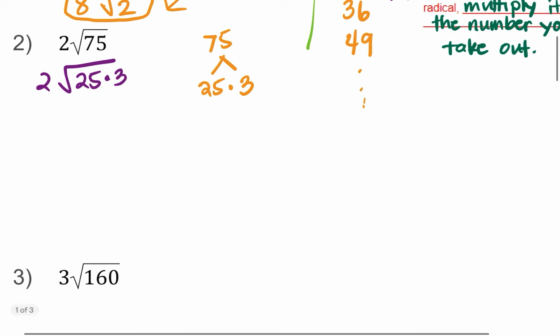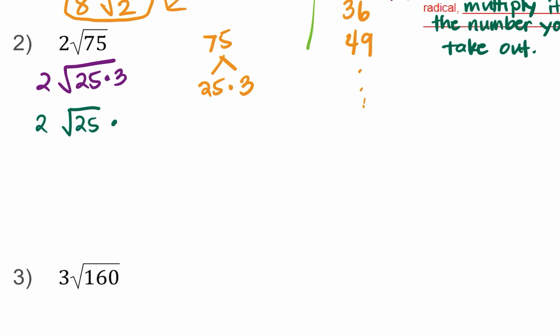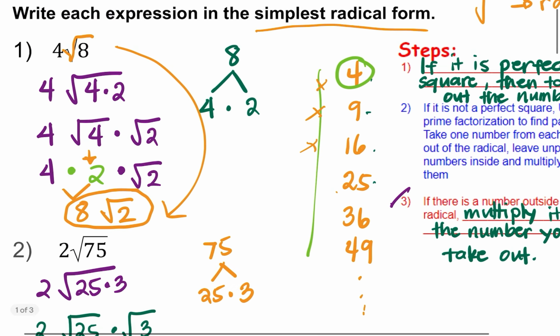So we can split our radicands, or the number inside the radical symbol. So we have square root of 25 times square root of 3. And then 25 can be simplified into 5, a whole number. And then we're going to drop the 2, separate that 5 and 2 with a multiplication. 3 is not on this list, as you can see.